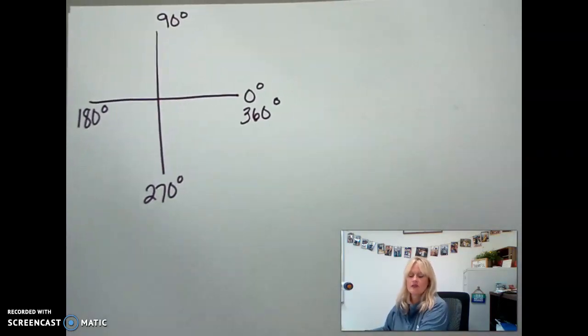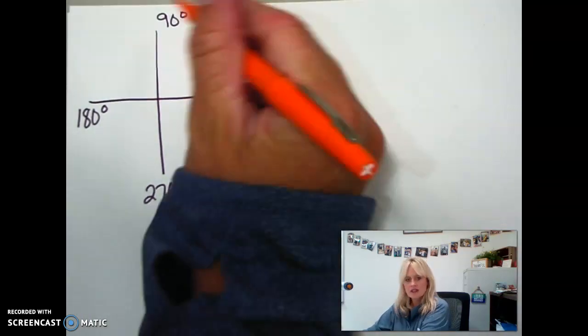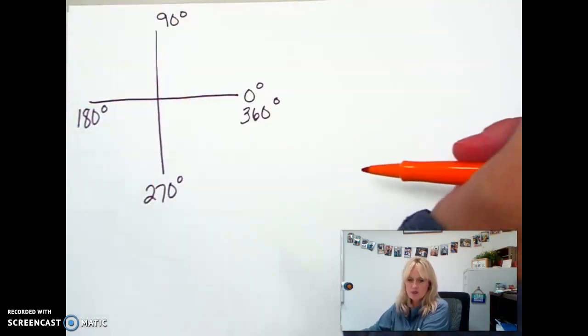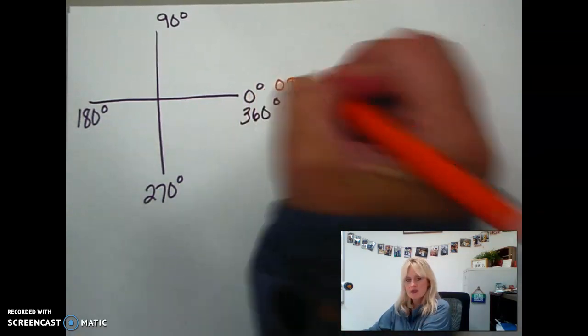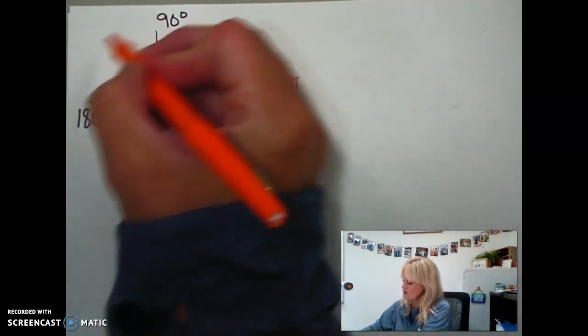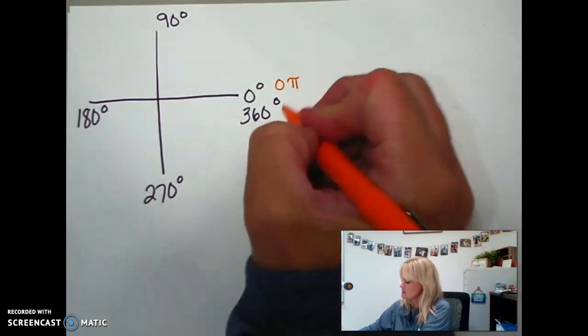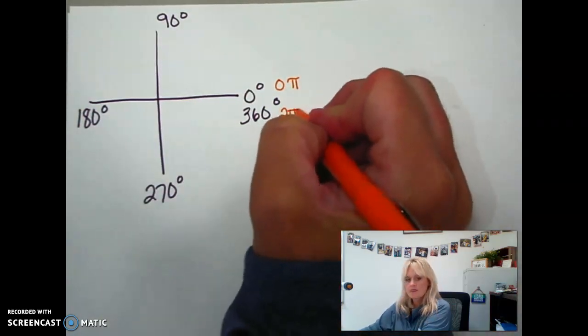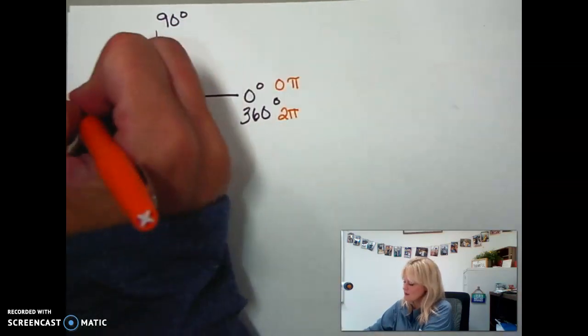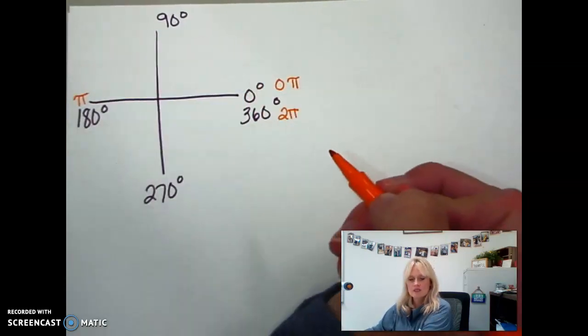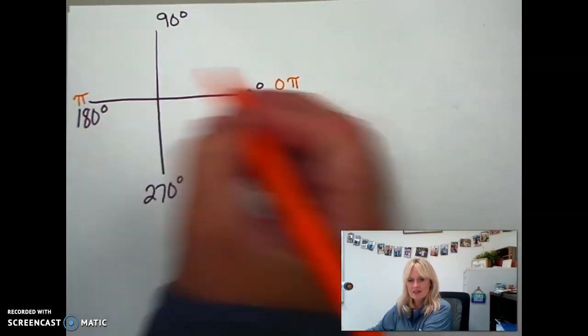Yesterday we talked about the degrees all the way around. Today I want you to be thinking in radians. So this would be 0 pi. We talked about all the way around is the same as 2 pi. So what's halfway between 0 pi and 2 pi? 1 pi. What's halfway between pi and 0?